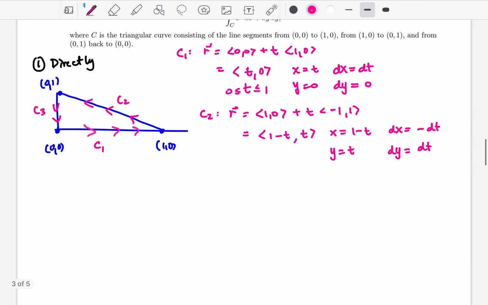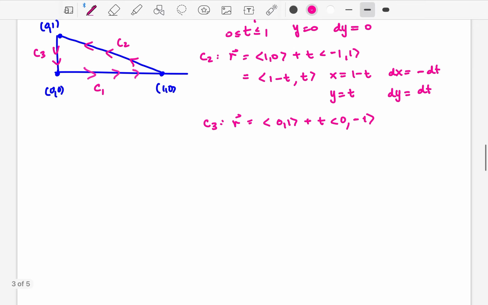I have one more parameterization along C3. Again, I'm starting at 0, 1. I'm moving in the direction of 0, 0. So that means the change in x is 0, and the change in y is negative 1.